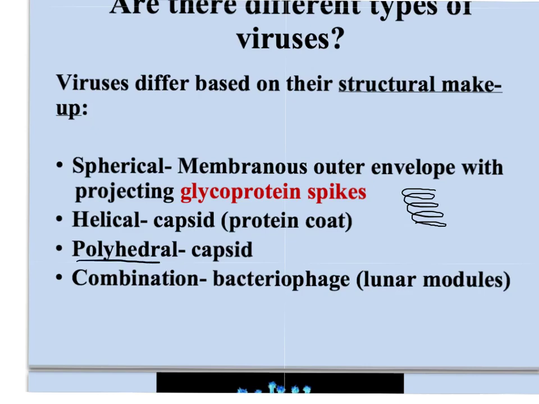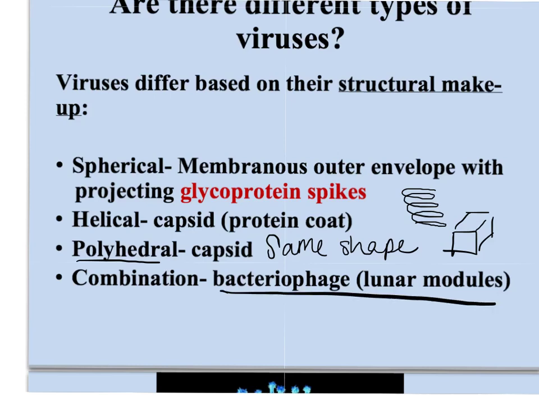So polyhedral is the same shape over and over again. So like a cube is a polyhedral. Viruses, it's going to be more diamond shapes or triangle shapes and stuff like that. There's some examples on the next slide. So a combination, this is going to be the bacteriophage. So the bacteriophage has a polyhedral head with a helical body part.